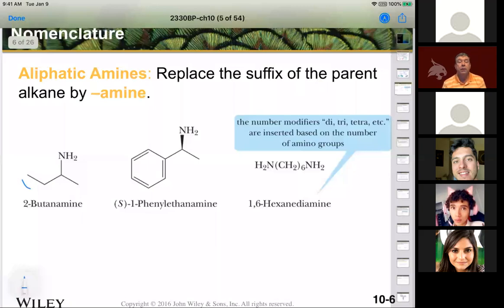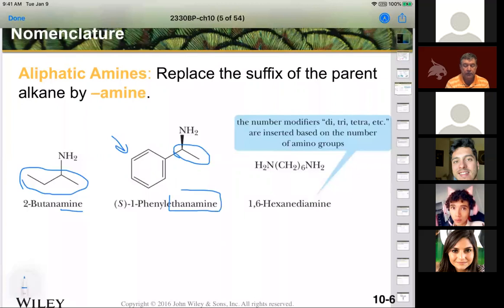Okay, so let's name this one right here. We have the longest aliphatic chain right here, these 2 carbons. And the phenyl ring right here is a substituent, unless it's named for that compound. And we'll show you one of those in a minute. And so we have ethanamine.